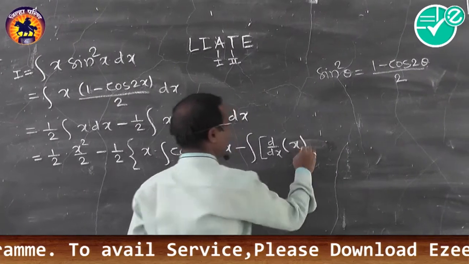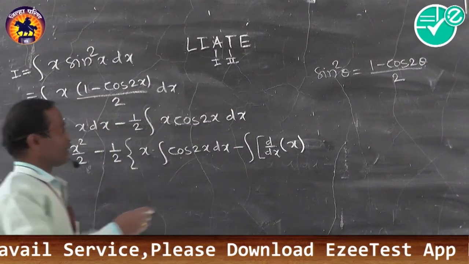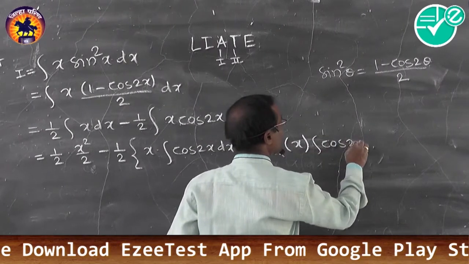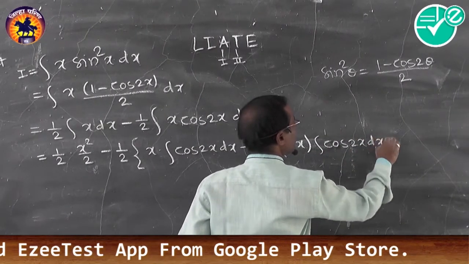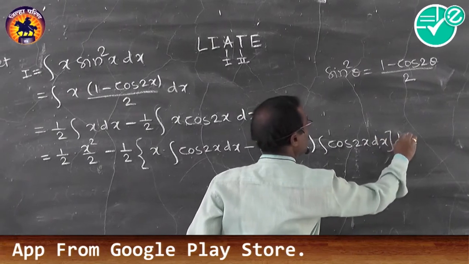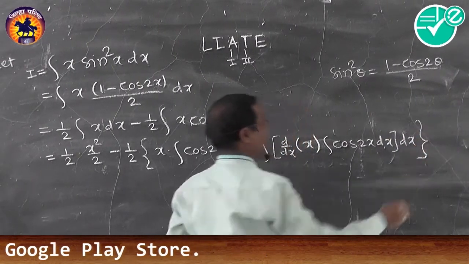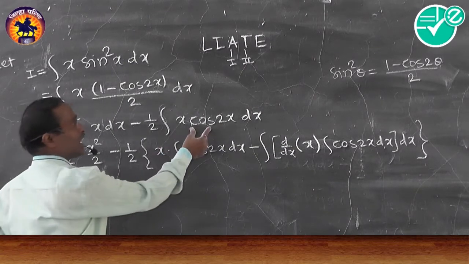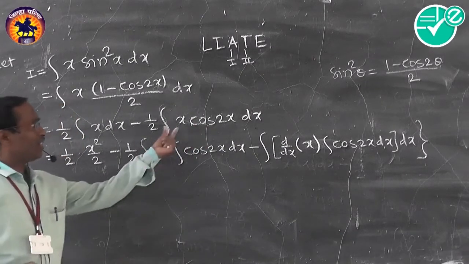Integral of first, d by dx of x into integral of cos 2x dx with respect to x, curly bracket close. Here we take the curly bracket, integration by parts apply in the second term.